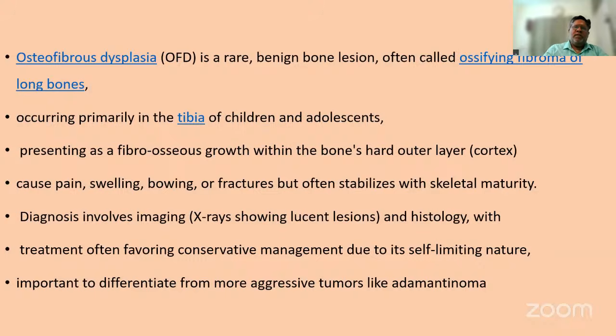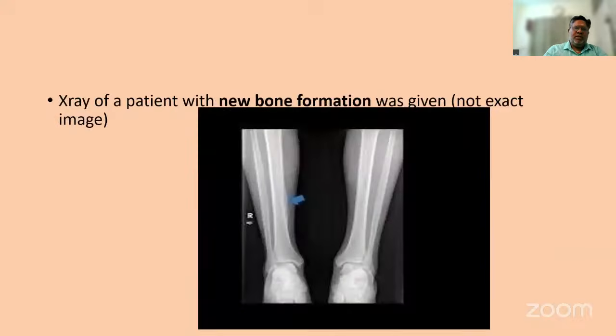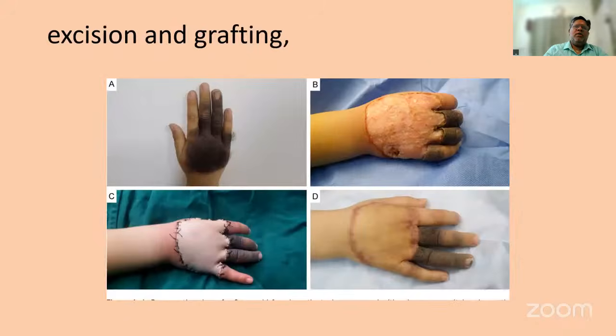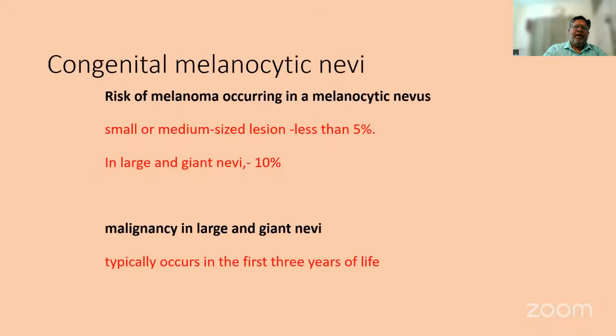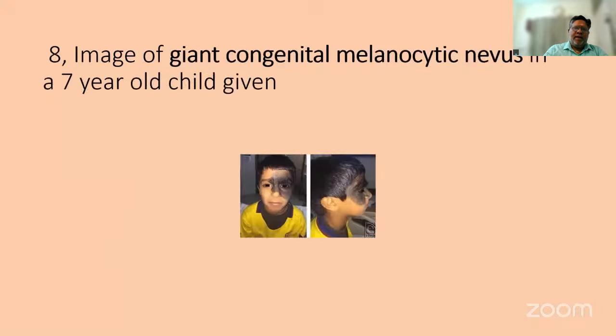So this is the summary of all the questions. This is probably osteofibrous dysplasia of the long bones. And in congenital melanocytic nevi, tissue expander and closure is the best.